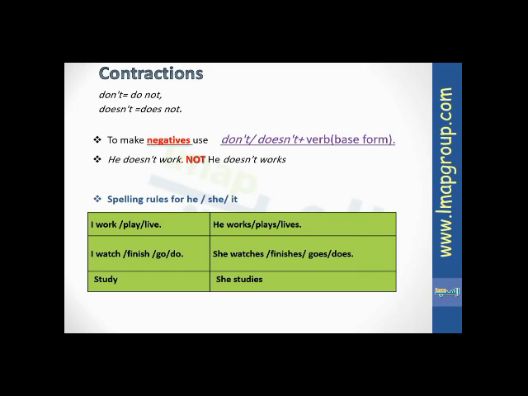And in the third part, study, when you want to add third person s you should change y into ies. برای کلماتی مثل study که آخرشون y داره برای اینکه بتونید اس سوم شخص اضافه کنید باید y رو حذف کنید و به جاش ies بذارید. She studies. Okay.